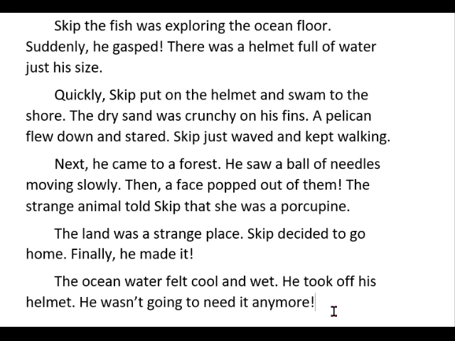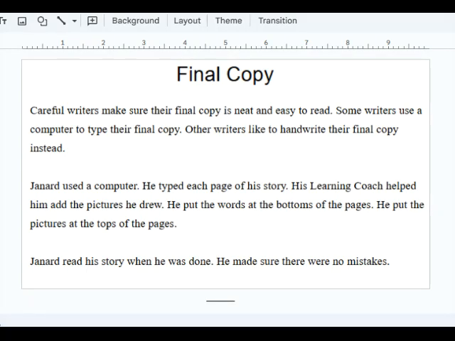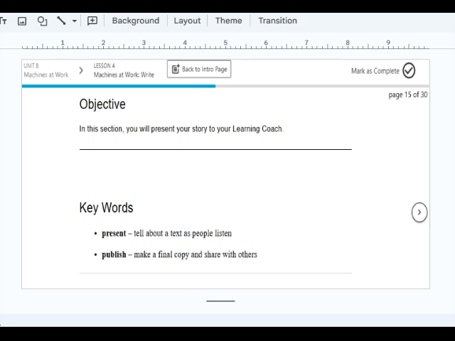Since we already had our organization done with our events in order on our planning sheet, I thought it'd be good practice to go ahead and break this down into the introduction, that's the beginning, 3 of the events, that's the middle, my 3 paragraphs, and my conclusion or my ending right down here. I think it's really good practice if you want to do that too, but if you want to do 1 paragraph, that is okay.